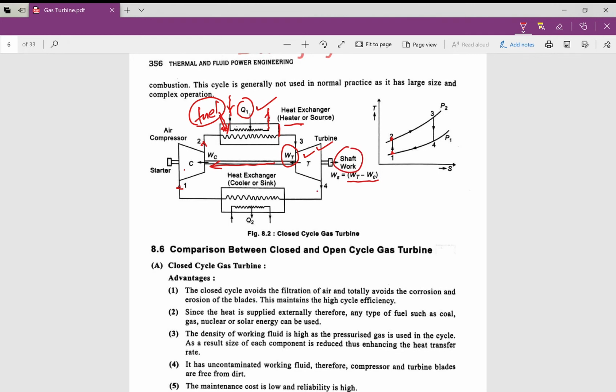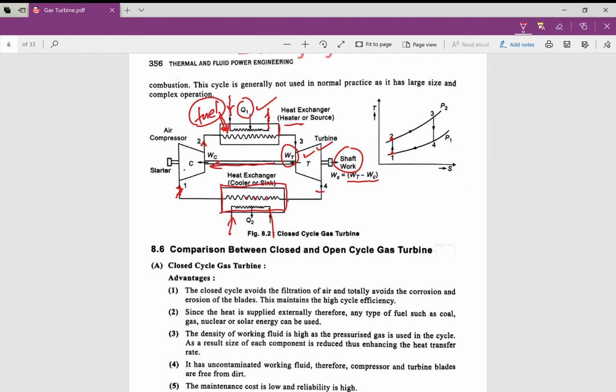Now here at point 4, that exhaust gas or air is supplied to a heat exchanger, where from outside we can supply air or water to cool this hot gas, so that it will have a lower temperature with low volume.